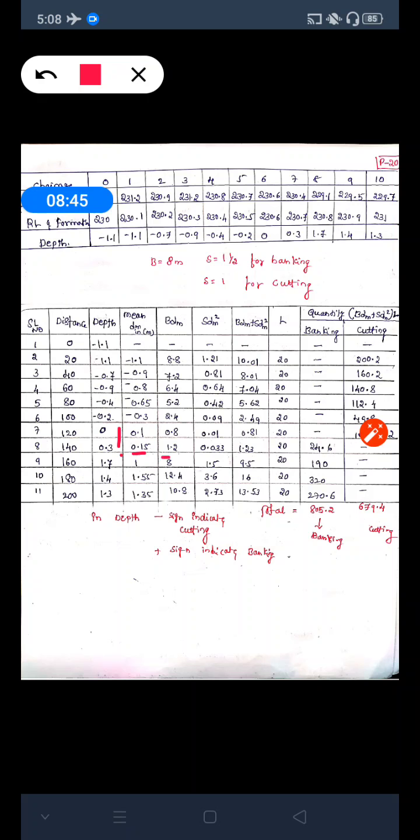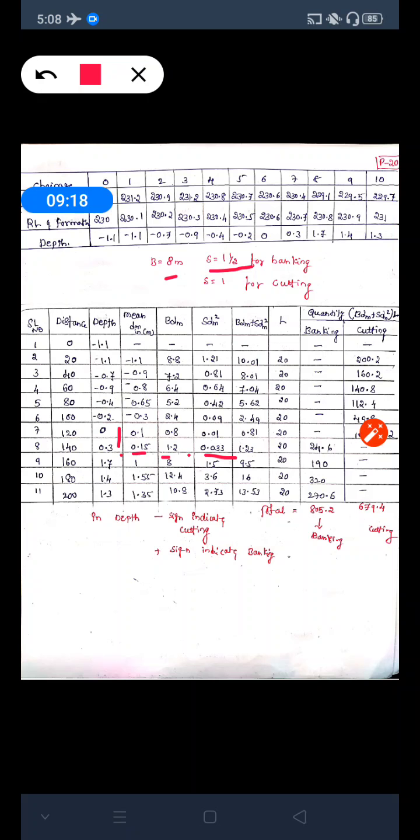Then b dm equals 0.15 into 8, after multiplying by 8 you get 1.2. Next I move on to the s dm square, that is the area of the sides. Here S is 1.5 for banking, because the mean depth we got is positive, so for S we should substitute the banking value, that is 1.5.